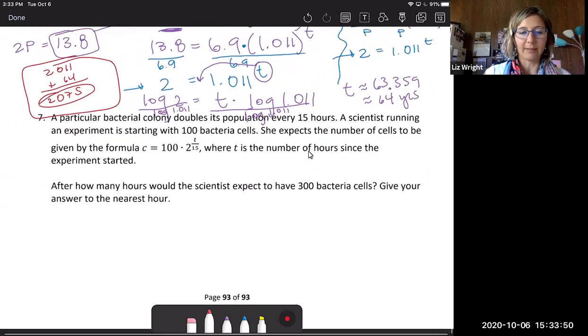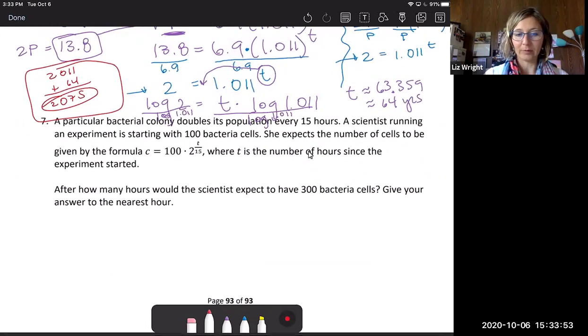All right, last example. A particular bacterial colony doubles its population every 15 hours. A scientist running an experiment is starting with 100 bacterial cells. She expects the number of cells to be given by the formula right here, where t is the number of hours since the experiment started.